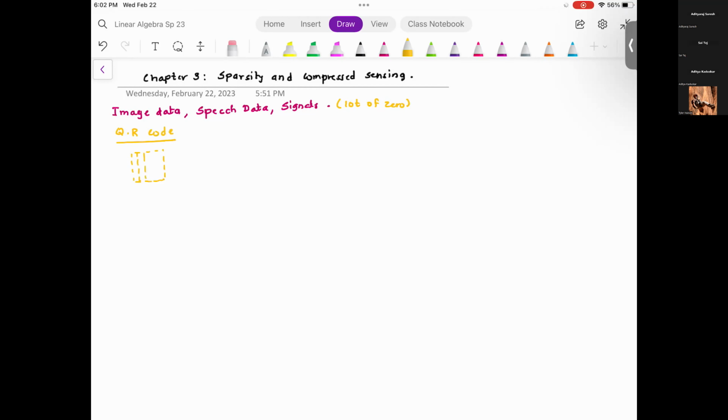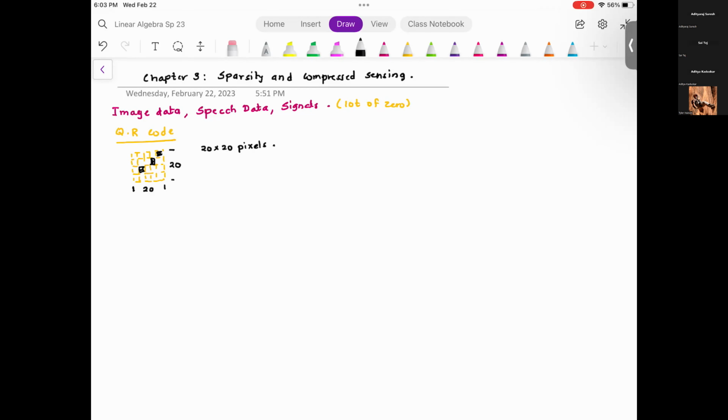If you look at this grid, some cells are dark and some are white, and there is a particular pattern formed by these black and white pixels. For the sake of discussion, let's consider a QR grid which is 20 by 20 pixels.